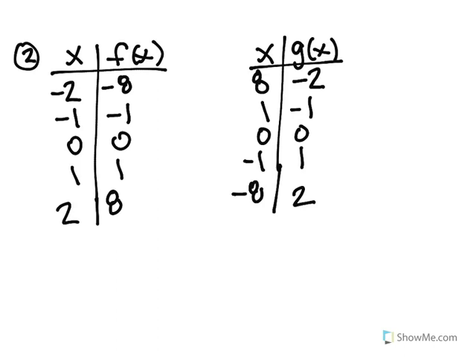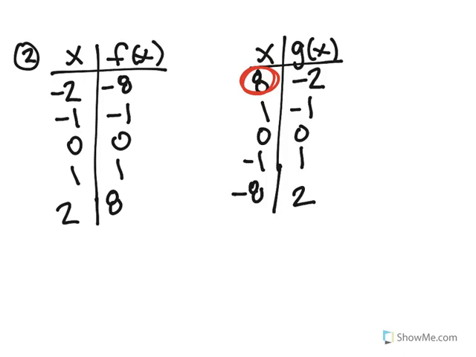But if you look at these two t-charts for the f function and the g function, you will see that they are not the same numbers. I have -2 and -8, but then I have +8, -2. I must have a negative on that 8 for it to be switched. You can't change the signs.